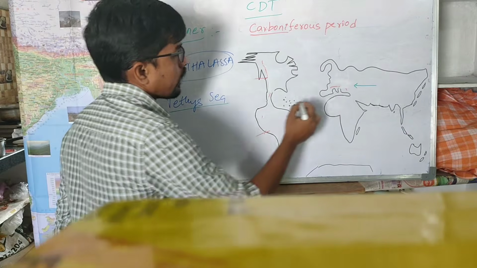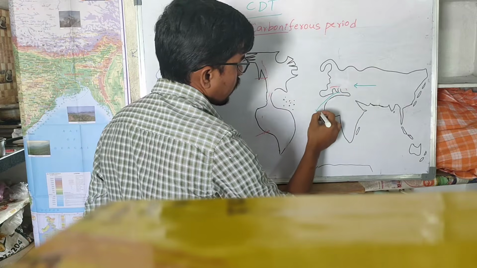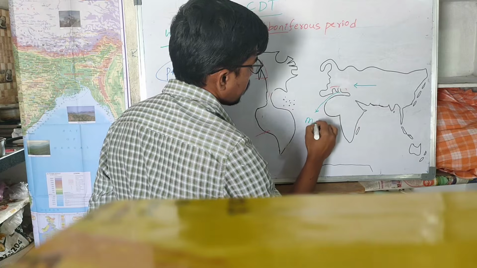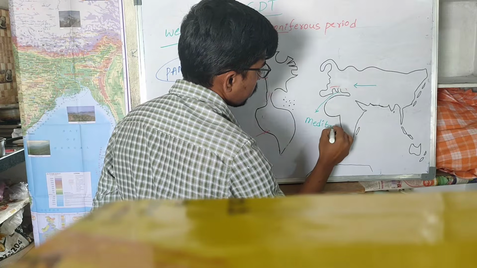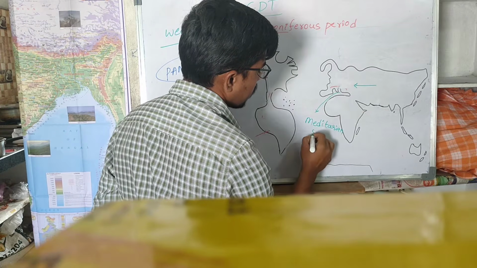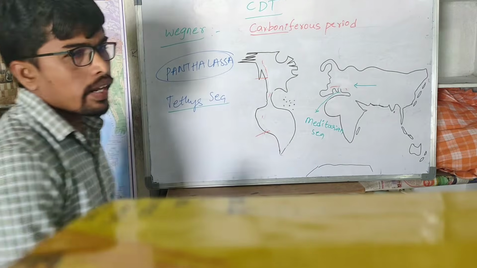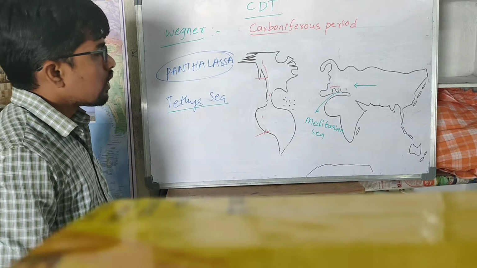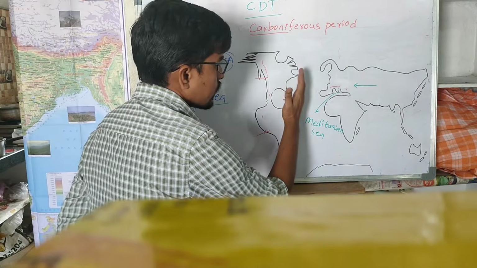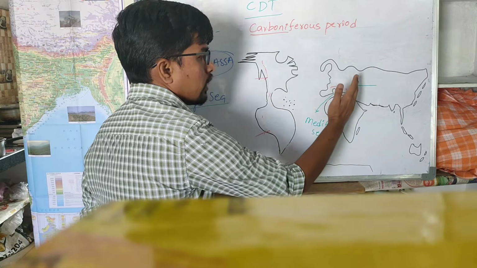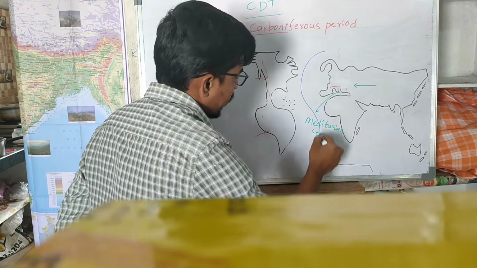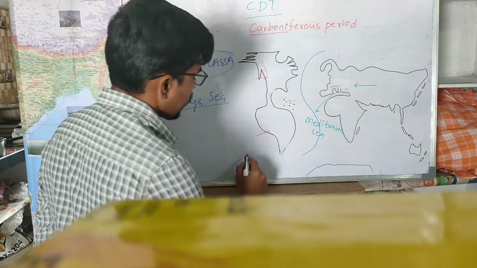The Tethys Sea is right now present between Africa and Europe, that is the Mediterranean Sea. He explained like this. And the next one, when these continents are separating from these landmasses, they formed an S-shaped ocean, that is the Atlantic Ocean.